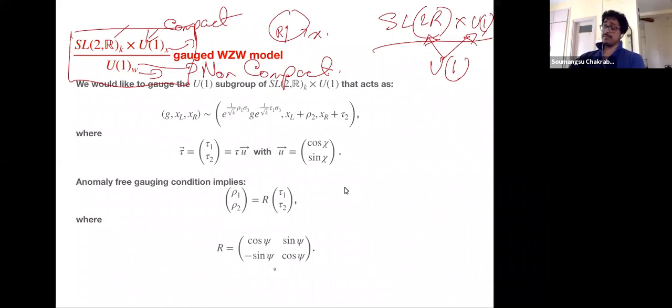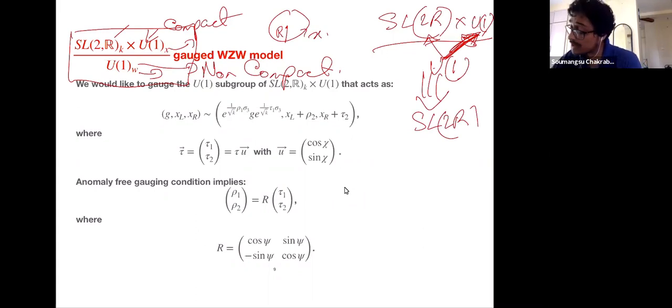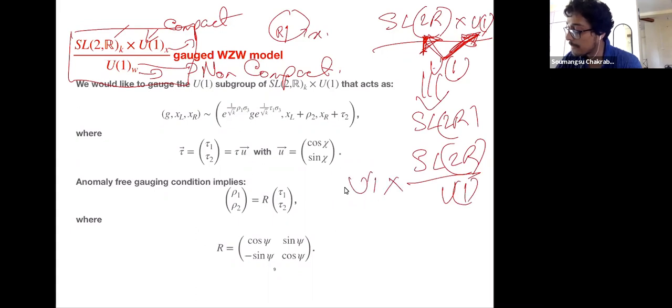One reason is that, very naively, without going into details, if this U1 acts completely on this U1, what you get is the residual thing, just SL2R. But since it's non-compact, there will be some residual things that will make it a BTZ. Whereas when this U1 acts completely on this SL2R, then you get SL2R times U1 times U1.